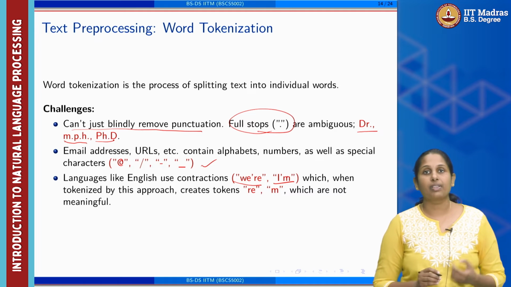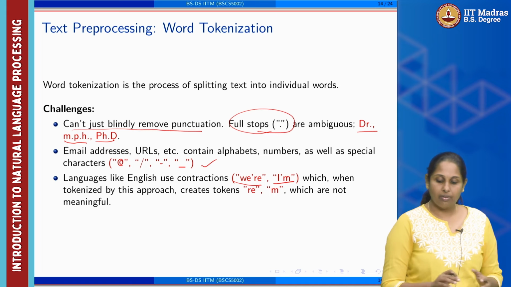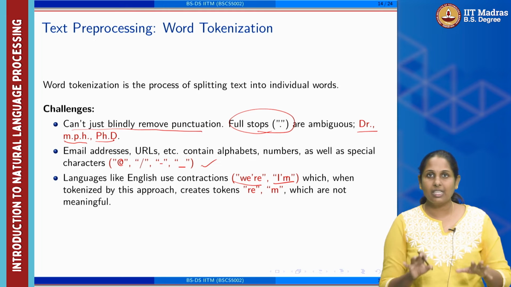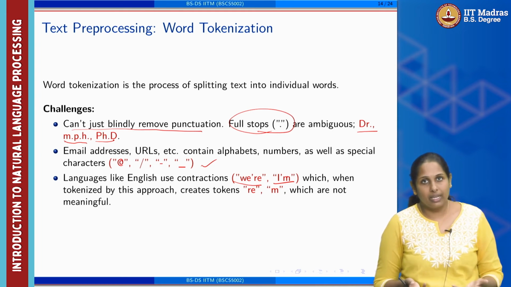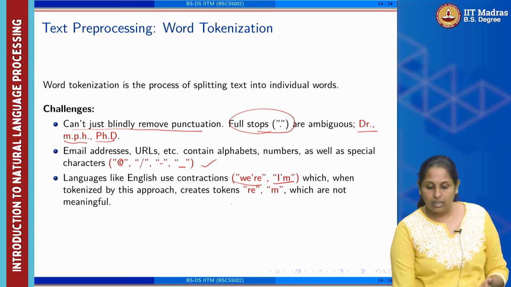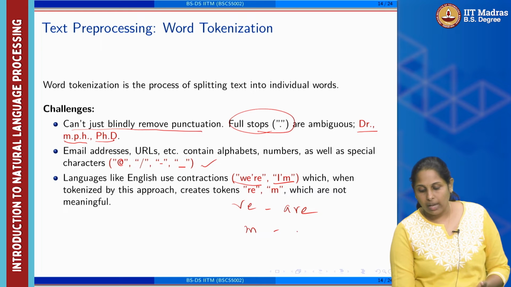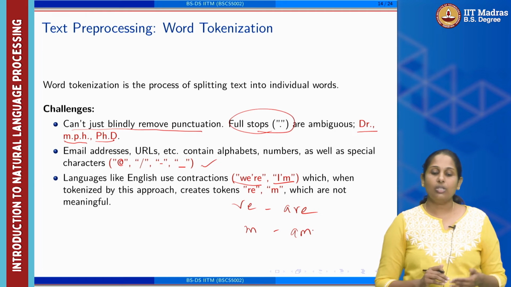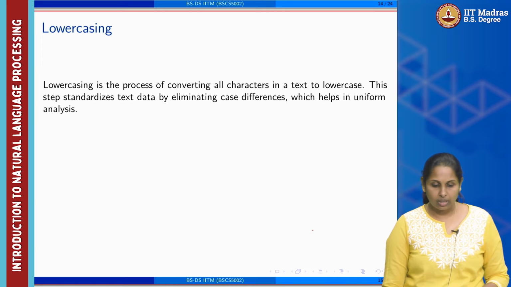Similarly, "apostrophe m" is a different token because again it is a verb, right. When we represent them only as "re" and "m", sometimes it looks meaningless. We might need to normalize "re" into "are" and "m" into "am", right. So, this type of process is also part of the word tokenization technique.